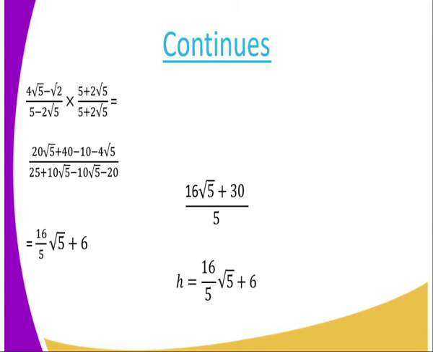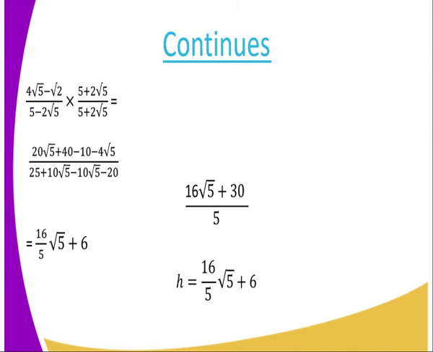After doing that, we operate the brackets the way we are supposed to. So what do we get? 20 surd 5 plus 40 minus 10 minus 4 surd 5, then 25 plus 10 surd 5 minus 10 surd 5 minus 20.